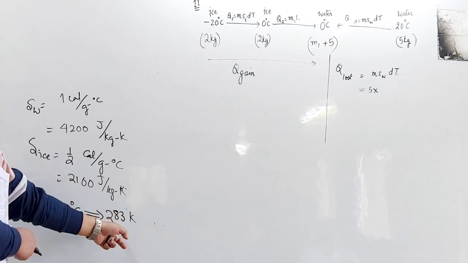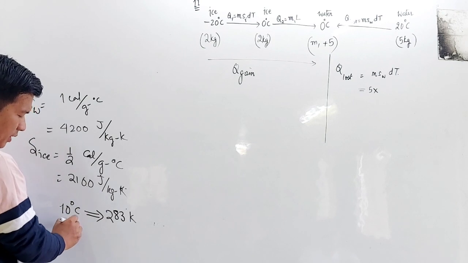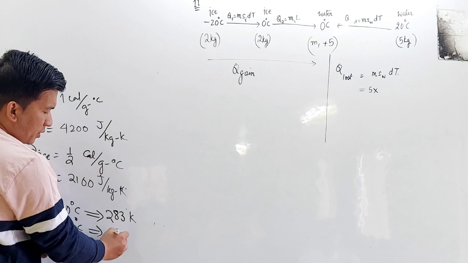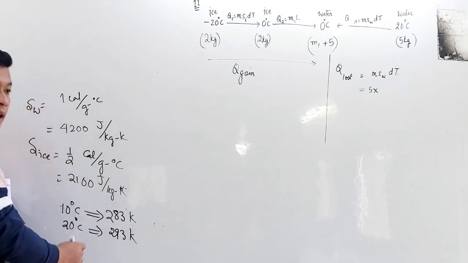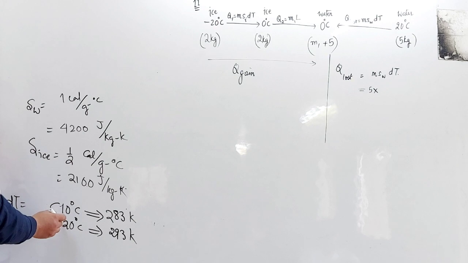Similarly, 20 degrees Celsius will be equal to 293 Kelvin. Now let us calculate the temperature difference in degrees Celsius: 20 minus 10, which is still 10 degrees Celsius.